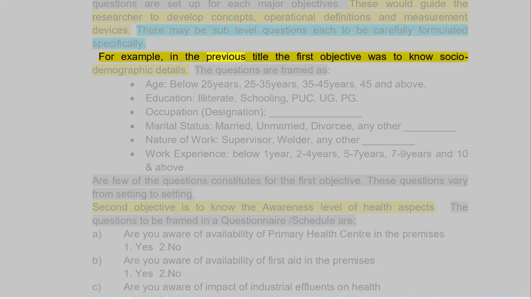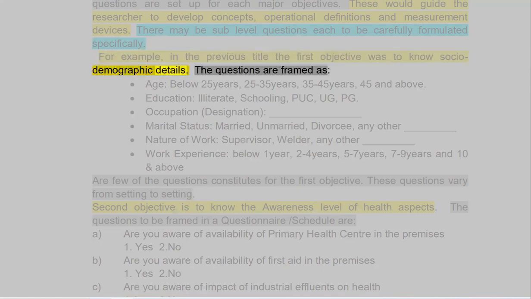For example, in the previous title, the first objective was to know socio-demographic details. The questions are framed as: age: below 25 years, 25-35 years, 35-45 years, 45 and above. Education: illiterate, schooling, PUC, UG, PG. Occupation, designation: blank.